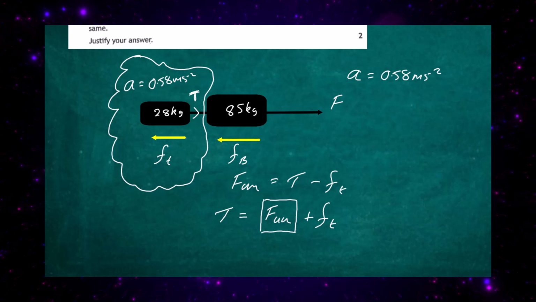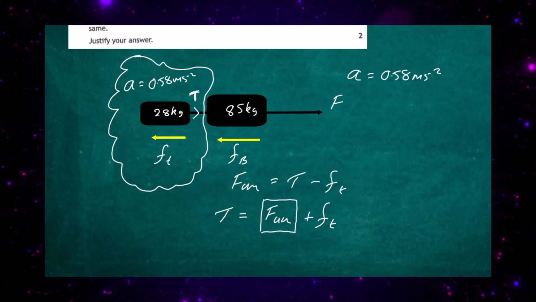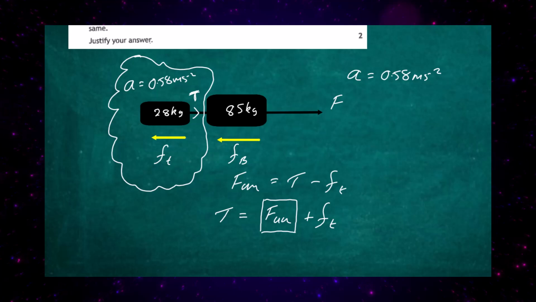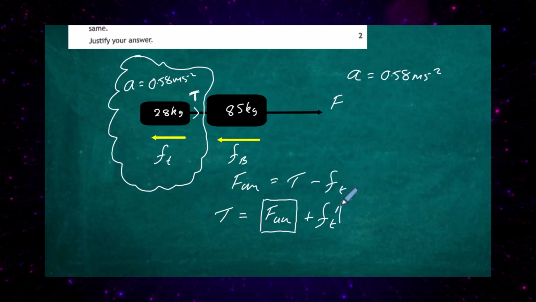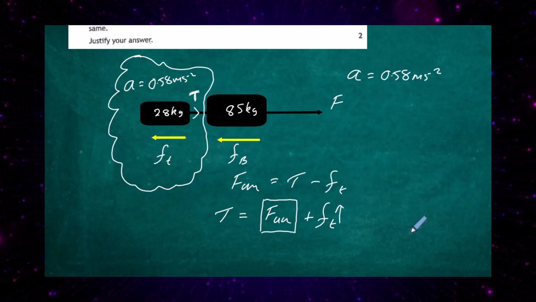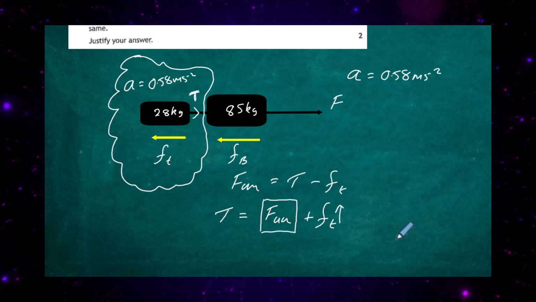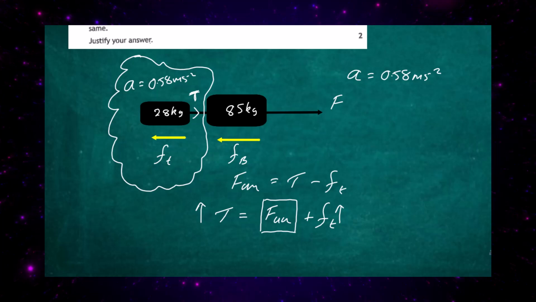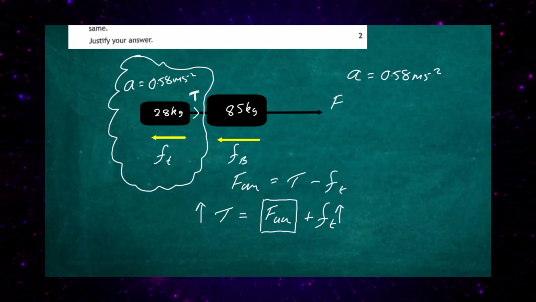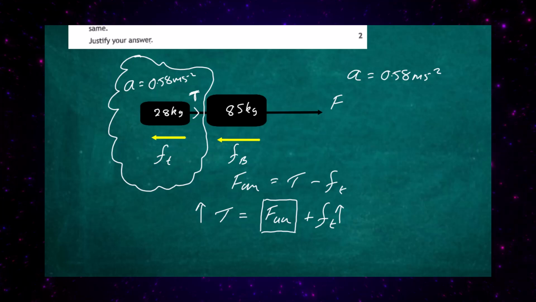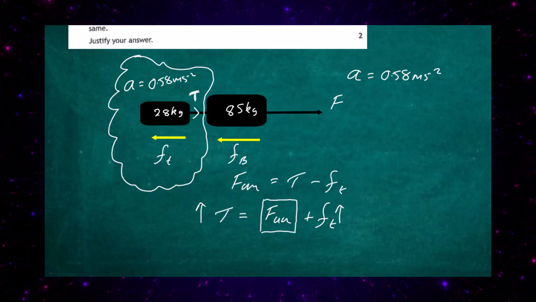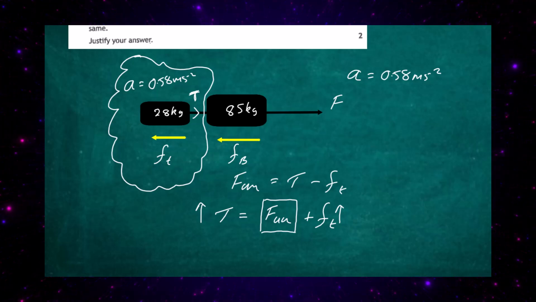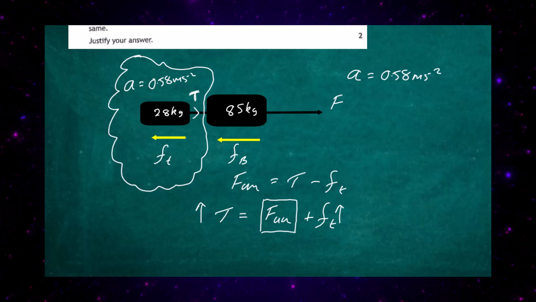Now, if the force of friction increases, this quantity increases, then you can see in order to keep the equation balanced, we're going to have an increase in the tension in the cable. So our answer is that when the friction forces increase, the tension in the cable will also have to increase because you're going at the same acceleration.